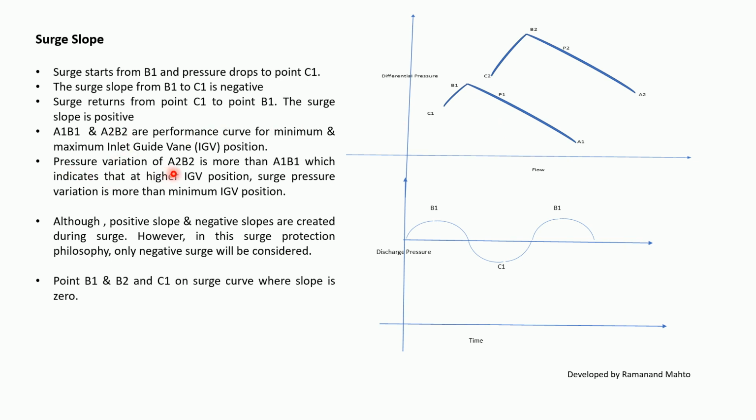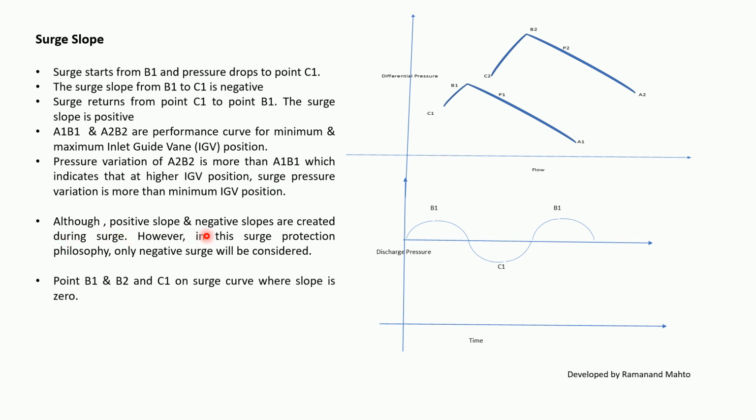Pressure variation of A2 B2 is more than A1 B1. You can see A2 B2 and A1 B1, which indicates that at a higher IGV position the surge pressure variation is more than at minimum IGV position. So of course the slope variation, surge variation, is more at more IGV position or more speed.